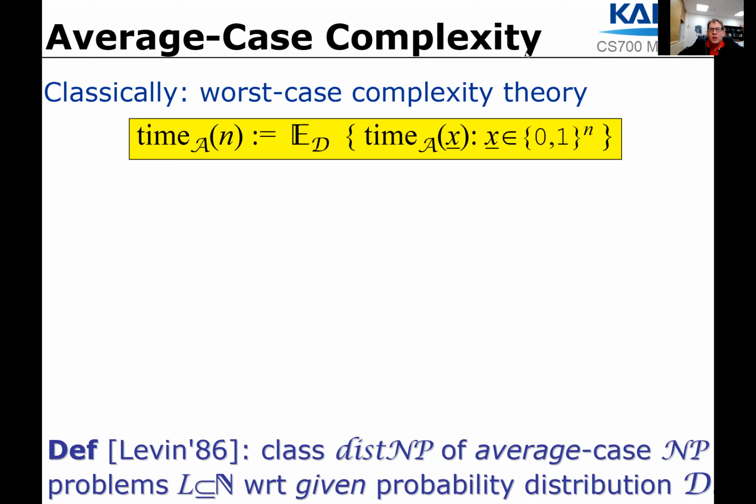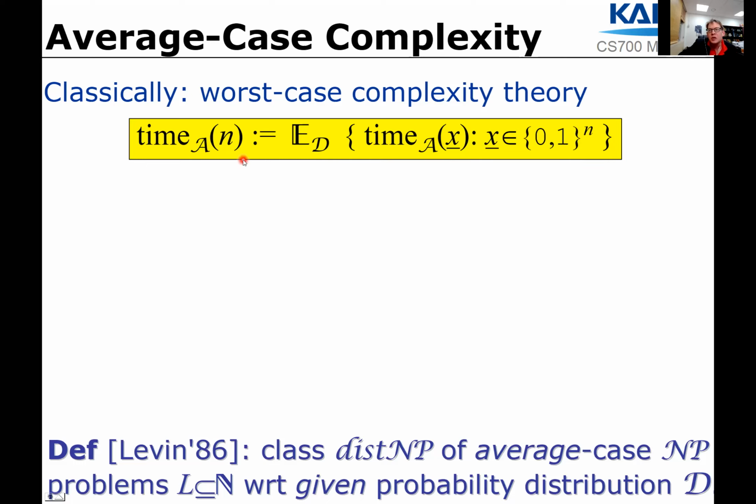So we all know about expected cost, which seems like a great candidate for average case complexity, namely the expected cost of the algorithm A on input X, where the expectation refers to all inputs of length n with respect to the probability distribution D on the inputs of length n.